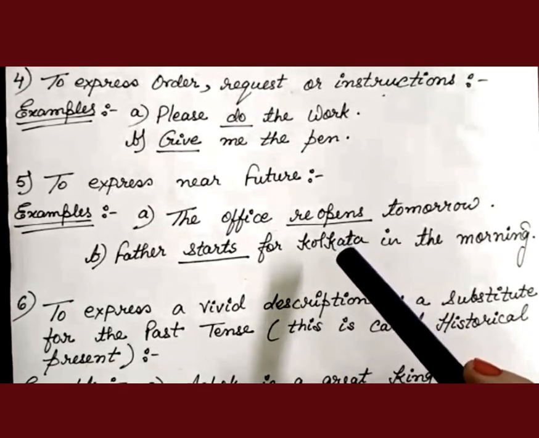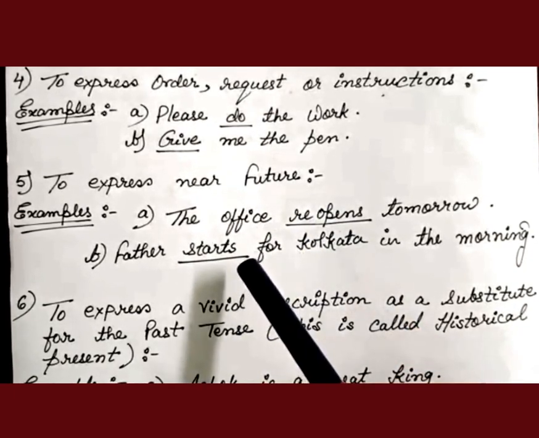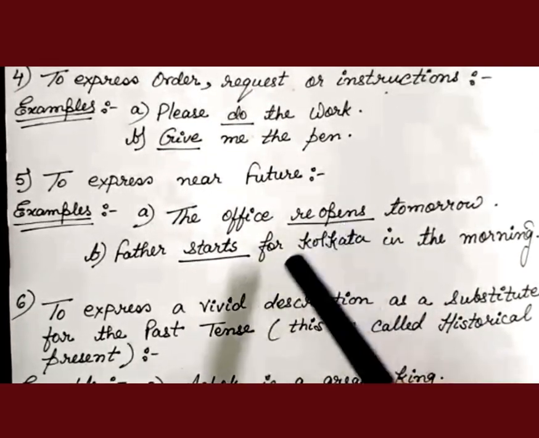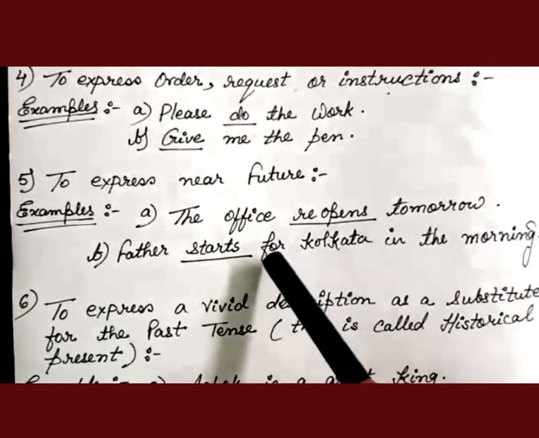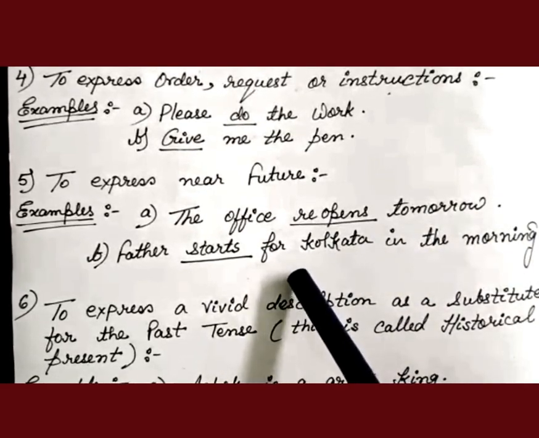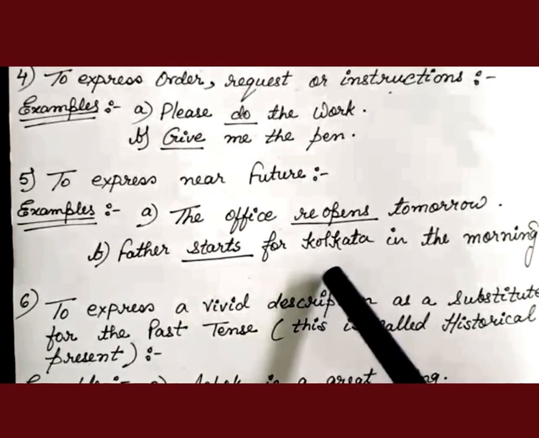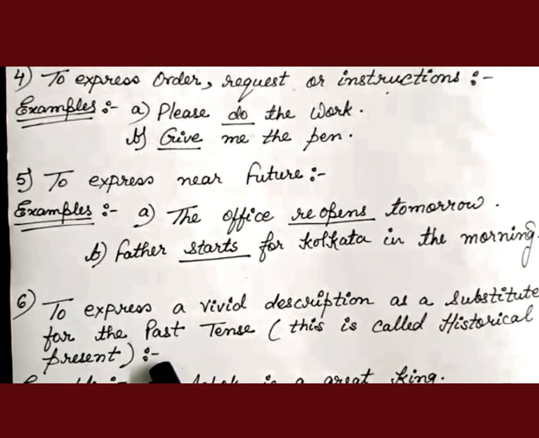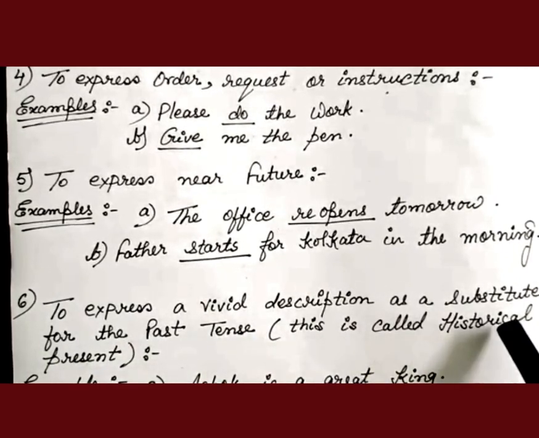So simple present tense is also used to express near future about actions that are going to happen very soon. In example A, the office is very likely to reopen the next day, and in the second example, father is very likely to start his journey the next morning.